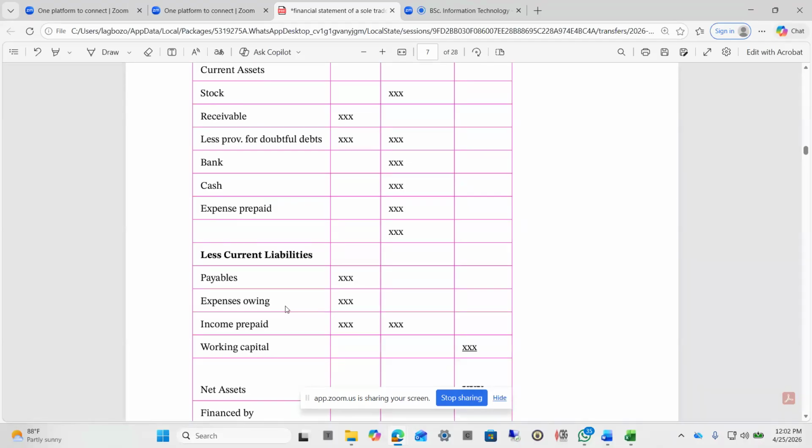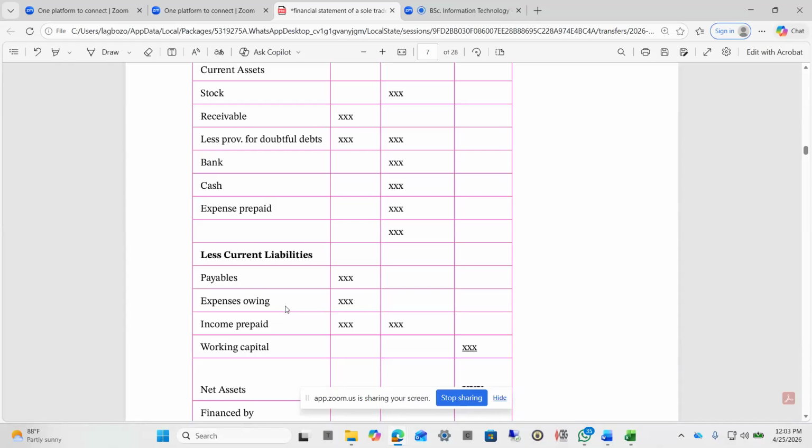Now, any money you have received, but you have not yet worked for, is also a current liability on you. For instance, somebody comes and puts 2,000 with you, maybe you have been doing his hair or selling iron sheet.